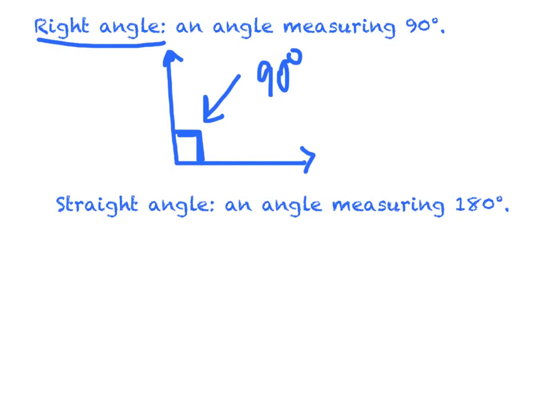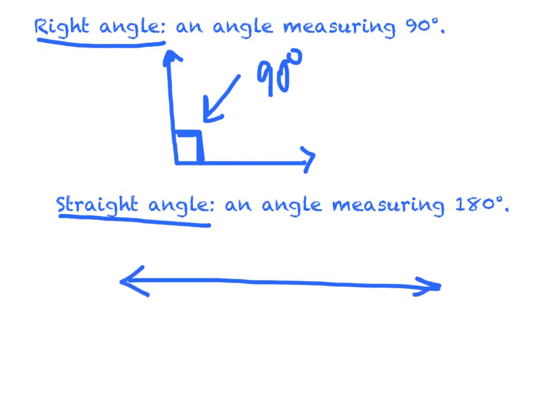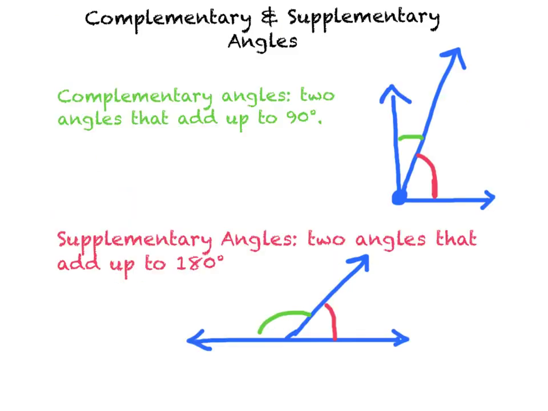Another classification is a straight angle, and if it's a straight angle, it's going to be a perfectly straight line, and it's going to measure exactly 180 degrees. Some other terms that we use to classify angles are supplementary and complementary angles. Complementary angles are two angles that when we put them together, they equal 90 degrees.